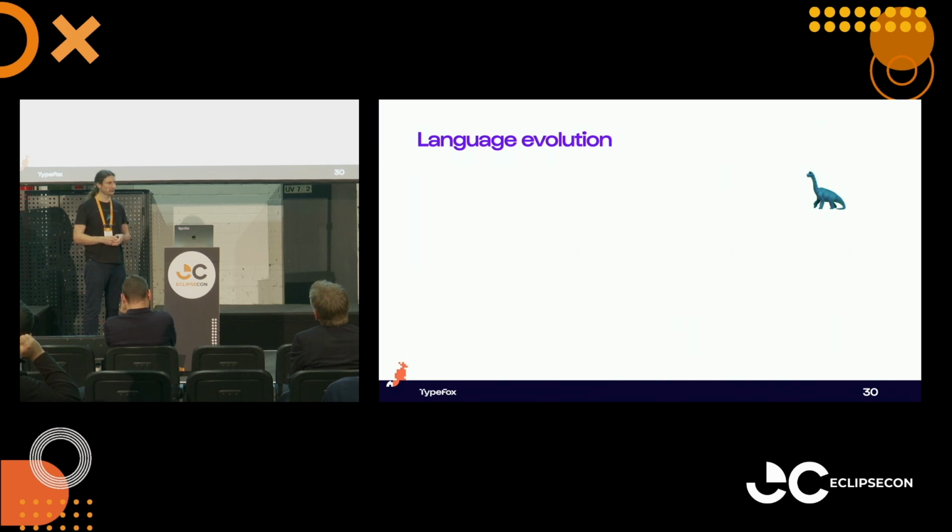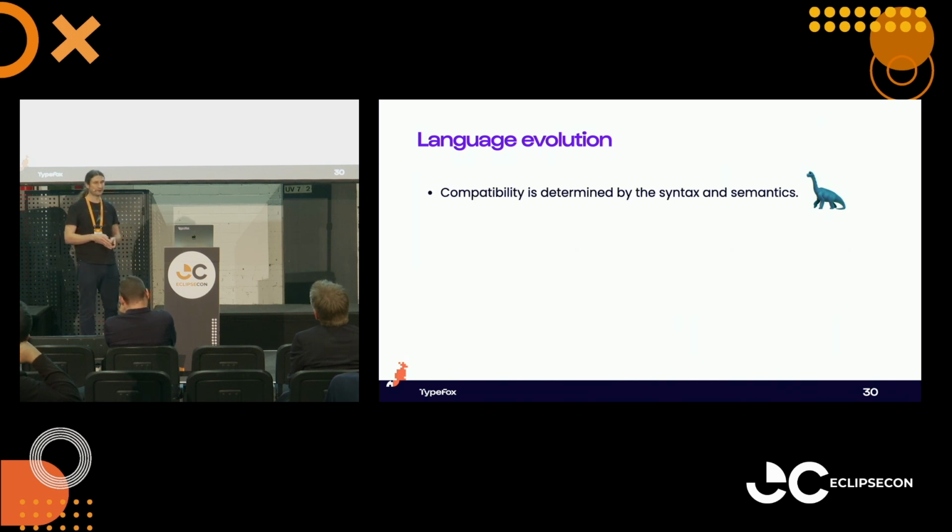And then to close, I want to name three aspects of language evolution. The first is that when you evolve your language, the compatibility is determined only by the syntax and the semantics. How all that is implemented is what is behind that.